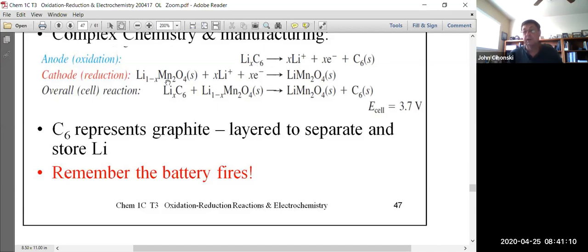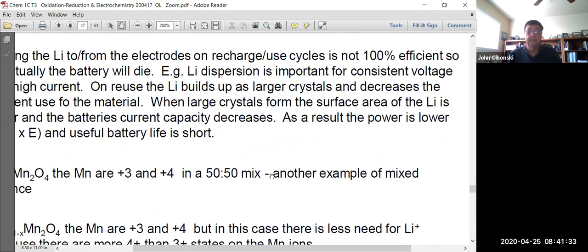That will generate a horrendous amount of heat, and that will lead to a fire. If you have a case that leaks, and air gets in, this lithium, which is very reactive, will react with the air, and again it will generate a lot of heat and can lead to a fire.